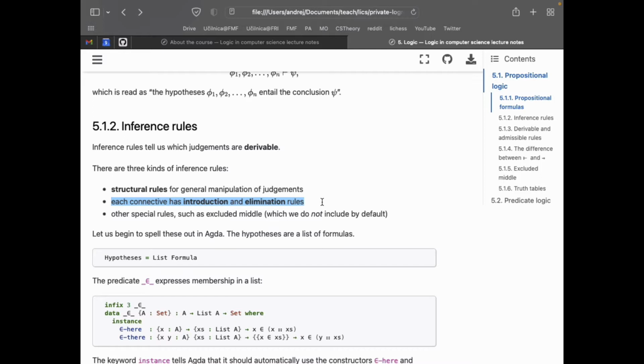The introduction rules, which tell you how to prove a connective, and the elimination rules, which tell you how to use a connective. There might be some other special rules, like excluded middle, that are not easily classified as anything. And then usually when you have those, that means that your logic is probably doing something rather special and is maybe creeping out of this beautiful picture of natural deduction that you get if you have only nice introduction and elimination rules.